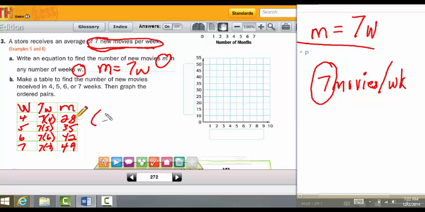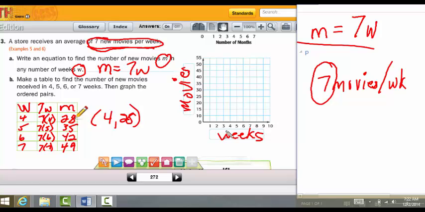So now we have ordered pairs. I'll write the first ordered pair here. We can graph 4, 28. So immediately we should recognize that because weeks is our input, we would put weeks here. And because movies is our output, we should put movies.